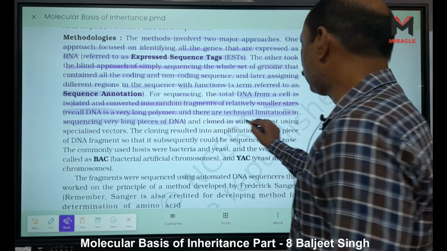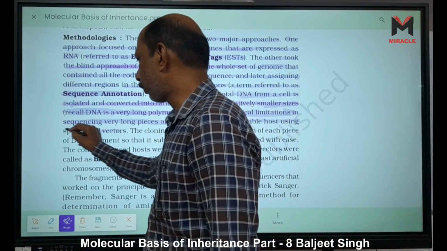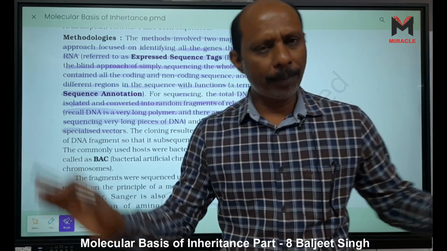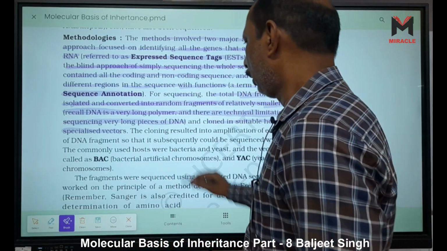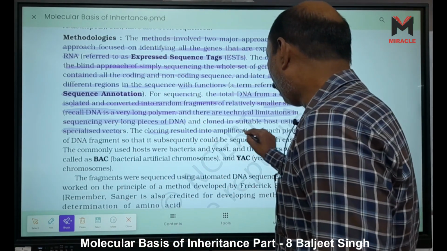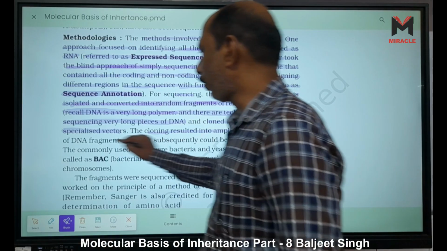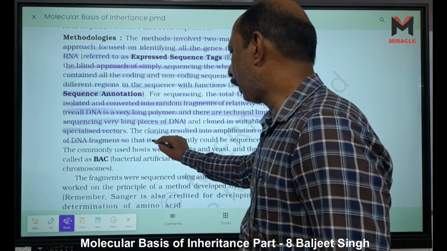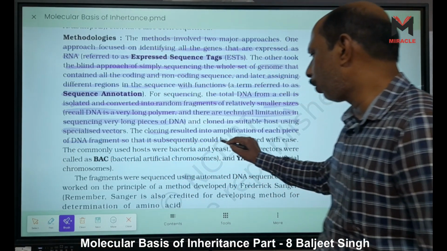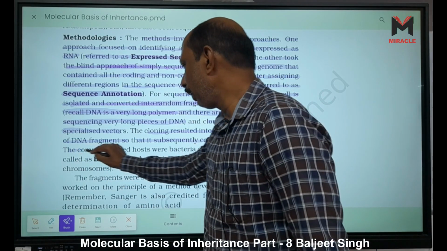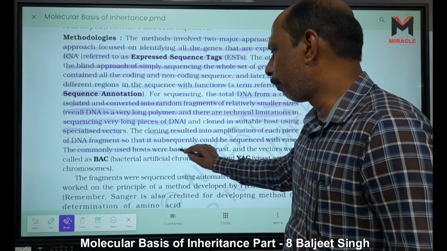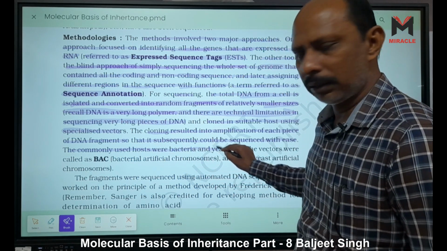And cloned in a suitable host using specialized vector. We cannot clone the whole DNA. We can clone only a small part of DNA. The cloning resulted in amplification of each piece of DNA fragment so that it could subsequently be sequenced. The commonly used hosts were bacteria and yeast, right?